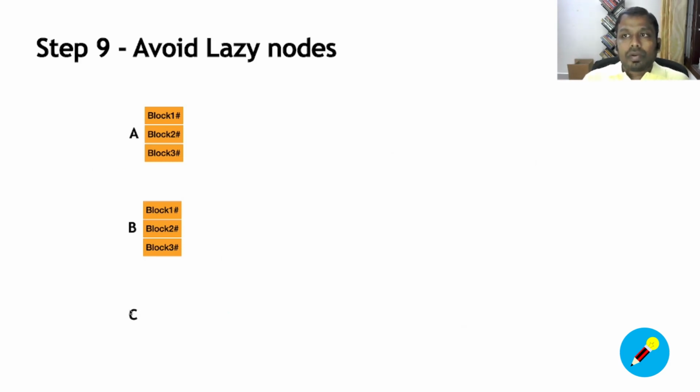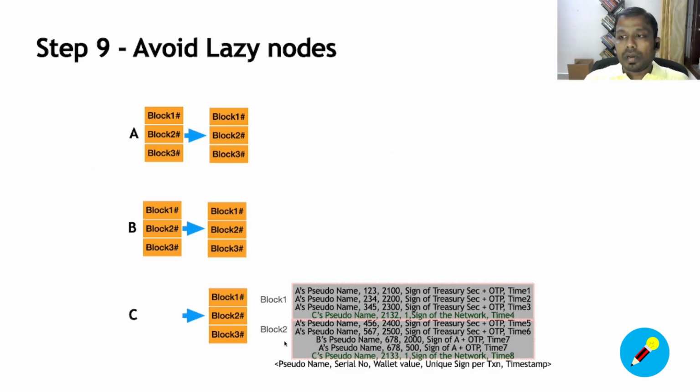So we need to avoid the scenarios of nodes becoming lazy, and the way we can avoid that is by incentivizing these nodes. A node that invests its compute to build a blockchain is incentivized. Through design, we will introduce the idea of incentives, wherein every time a node successfully builds the blockchain, it gets an incentive in the form of a small credit.